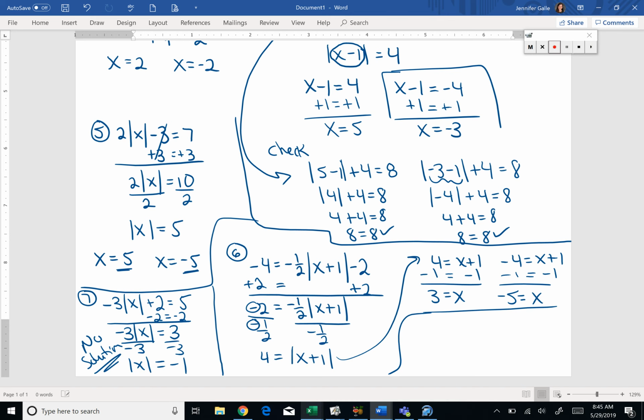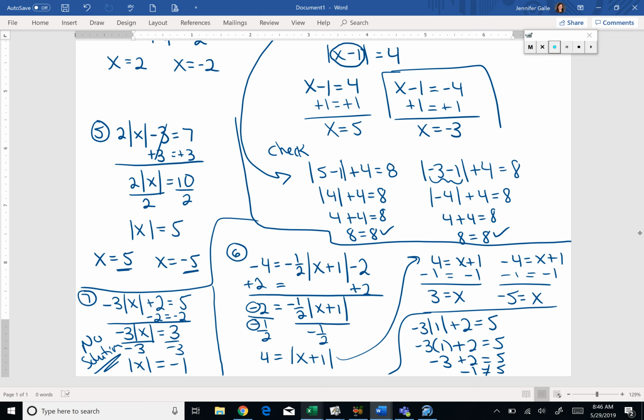If I try to put 1 in for x, I get negative 3 times the absolute value of 1, which is 1, plus 2. Negative 3 times 1 is negative 3. I get negative 1 equals 5. That doesn't work.